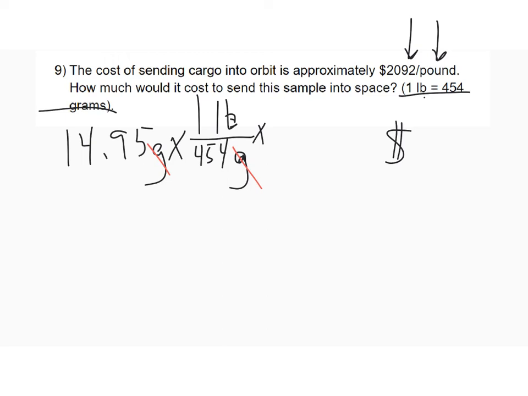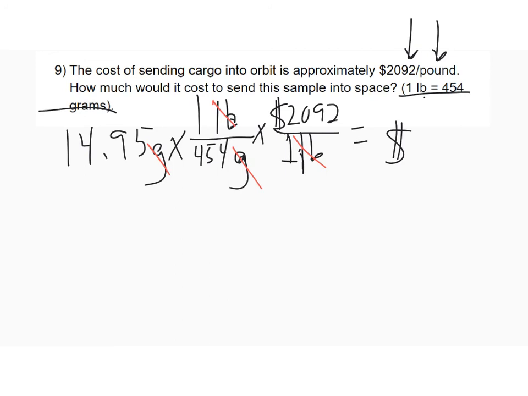So the next conversion factor, I need to put pounds on the bottom, and the cost per pound on the top, which is $2,092 per pound. The pounds cancel each other out, and so the only unit left is the dollars, which is what I want.